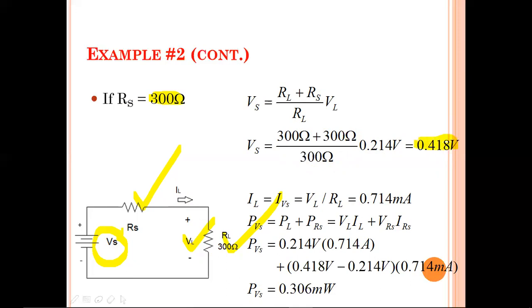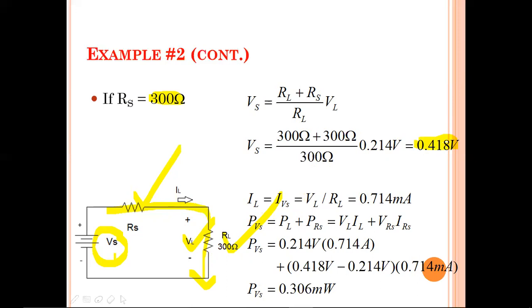Then for finding IL and IVS, both are the same because these are series elements now. So the total current flowing through this complete path is the same because these two resistors are connected in series, but only the voltage is going to vary, right? For finding the voltage, you should depend upon the voltage drop principle.